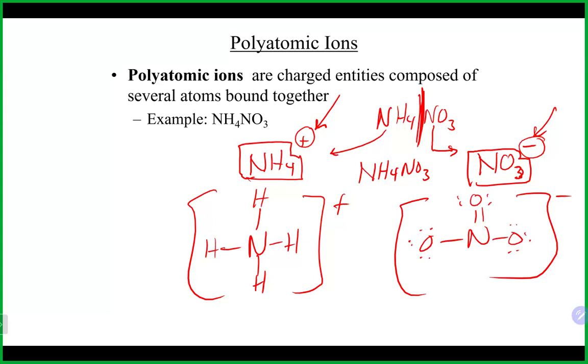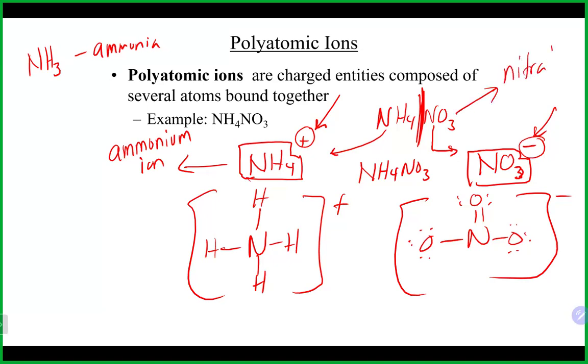The thing with polyatomic ions is they have a name that goes with them. And this guy is the ammonium ion. Again, not to be confused with NH3 that doesn't have a charge. That is ammonia, which is not a polyatomic ion. So do not get those two confused. This guy here is what is known as the nitrate ion.